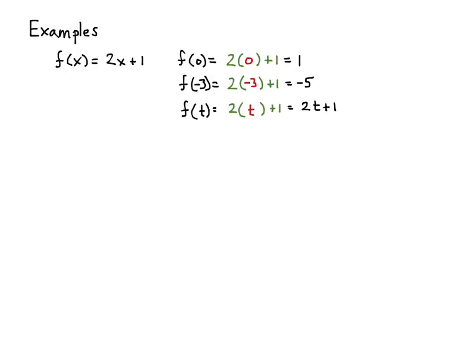And so let me write one more on the board that's perhaps the next level of complexity. If I write f at t plus 7, all right? I can use the same method where I say, okay, it's going to be 2 times whatever's in my parentheses plus 1, and I just insert the t plus 7. And from there, I can simplify.